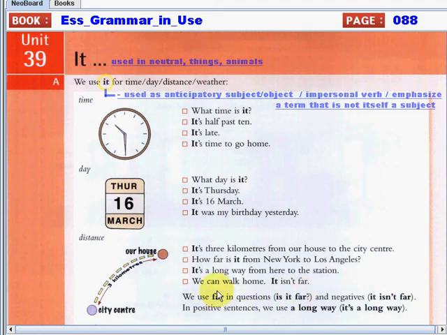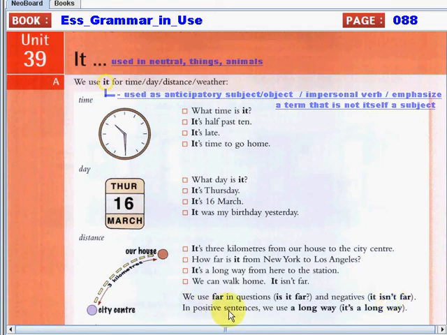Again, we use "far" in questions. And "it isn't far" is the negative one because of the word "isn't." I know you still remember that "isn't" is a contraction of "is not," and if you see this word, it is in negative form.